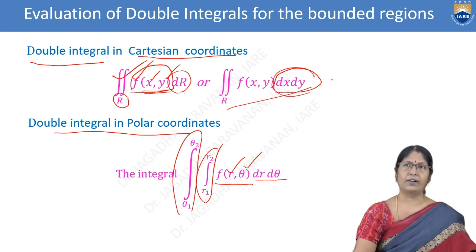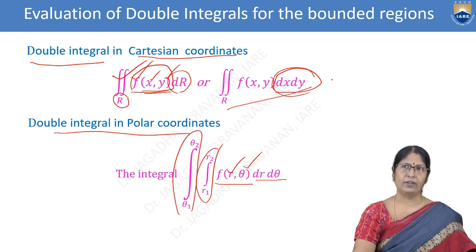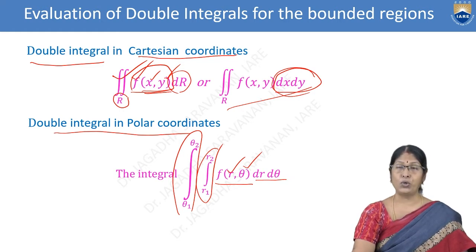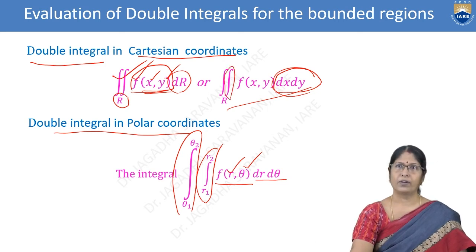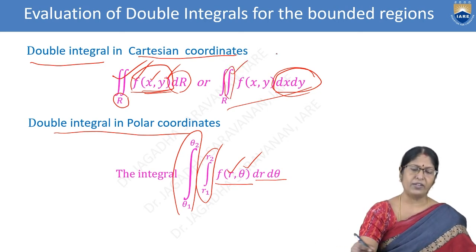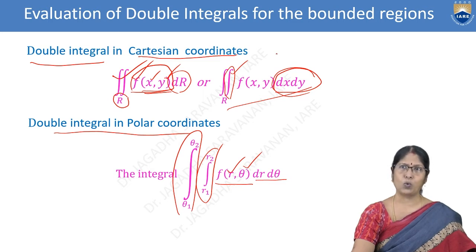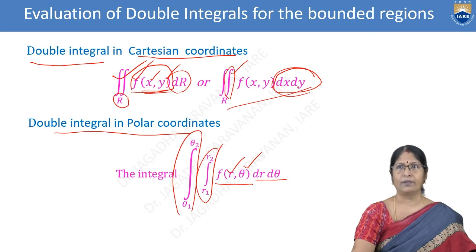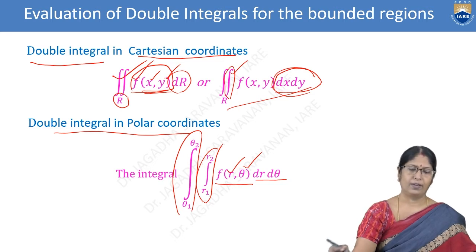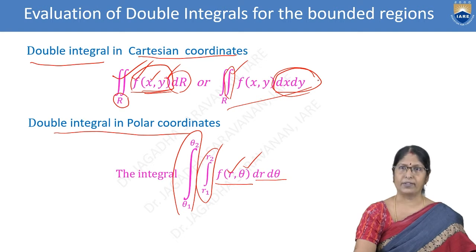This Cartesian dx dy, we should modify according to the limits. If the interior integration is defined for y, then we will do the integration with respect to y first, then dy by dx.